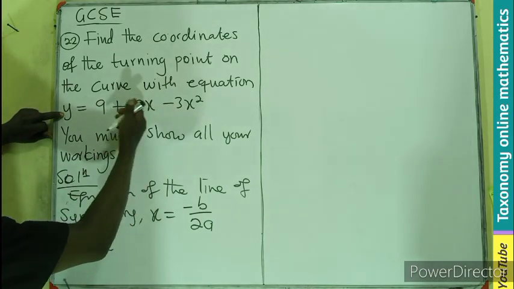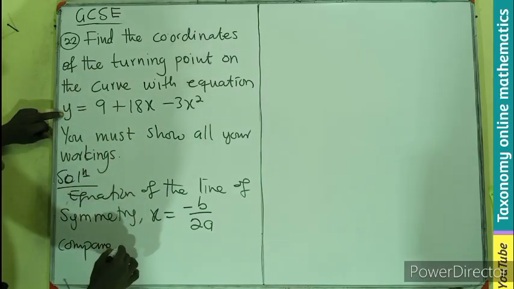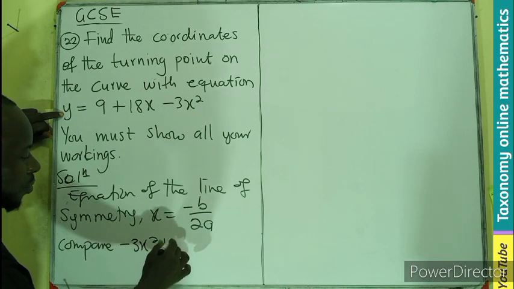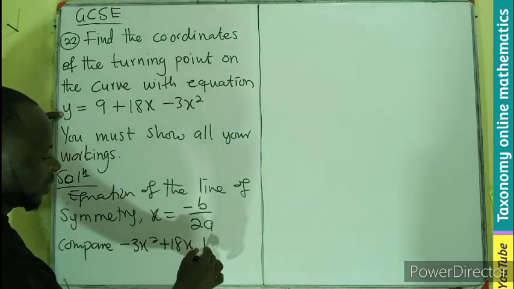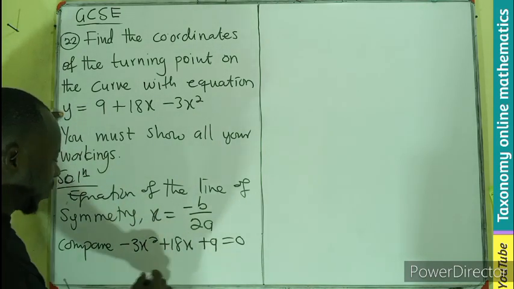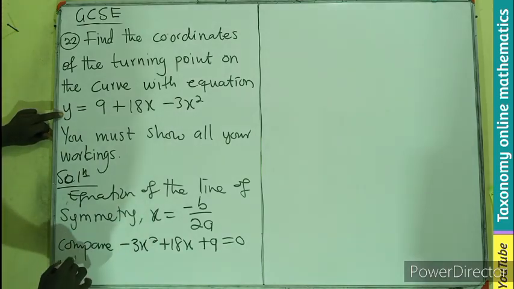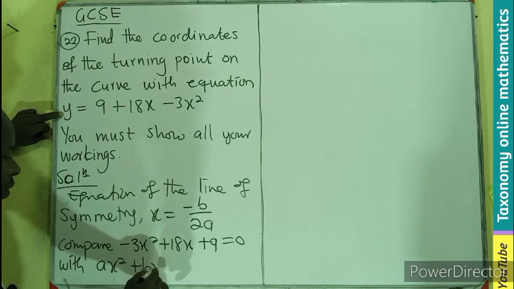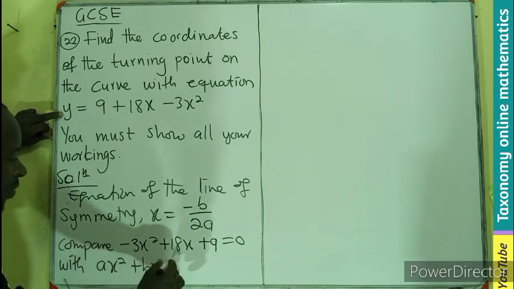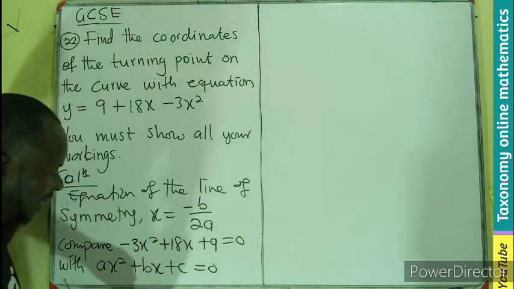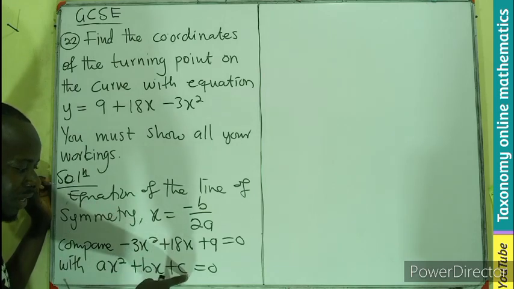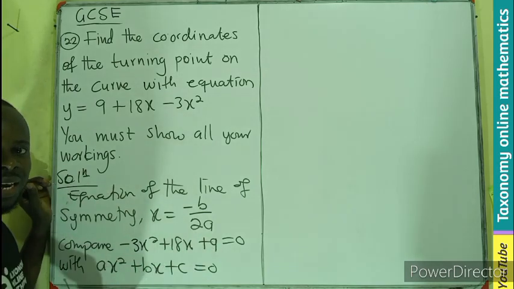So I'll have minus 3x squared plus 18x plus 9 equals 0. We compare that with the general quadratic equation. So you can see that your a is minus 3, your b is 18, and your c is 9.